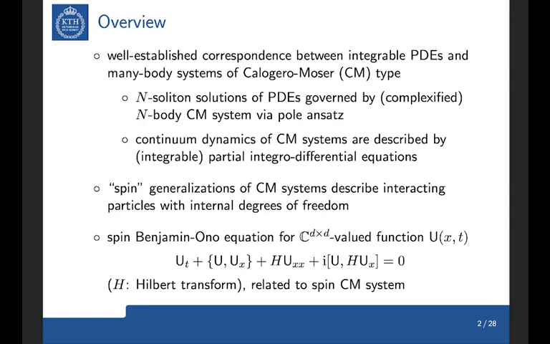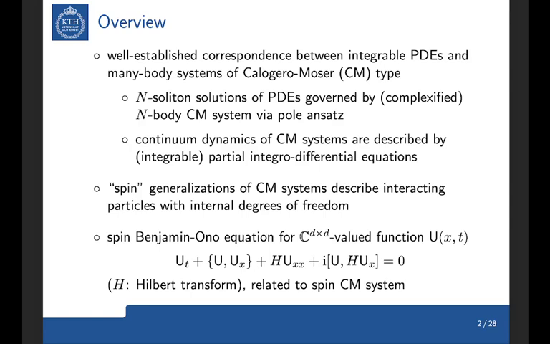So I've written the spin-Benjamin-Ono equation here. It's an equation for a square matrix valued function u. The curly brackets indicate an anti-commutator, the square brackets indicate a commutator, and H is the Hilbert transform. But we also have generalizations of the spin-Benjamin-Ono equation, and these generalizations are related to the hyperbolic and elliptic spin CM systems.